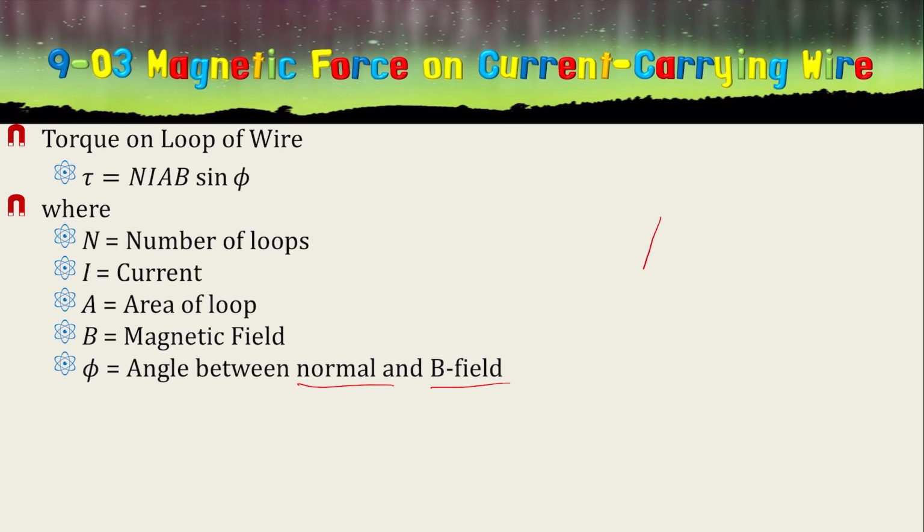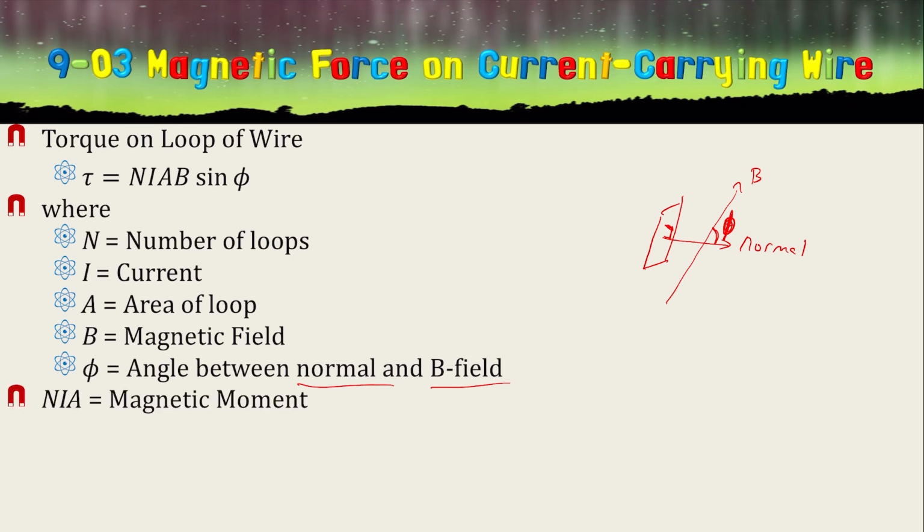So if this is our loop, the normal is coming out of it perpendicular to the face of the loop. And if this is our magnetic field, that is the angle phi. The NIA we call the magnetic moment. When the magnetic moment gets larger, then the torque gets larger.